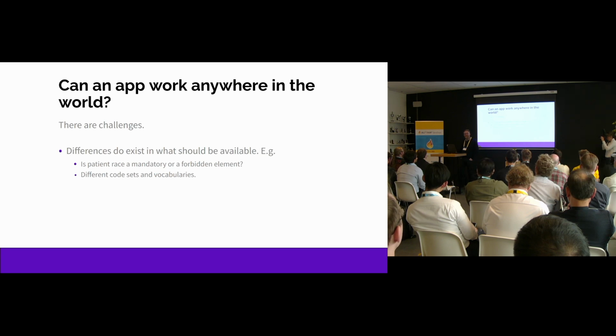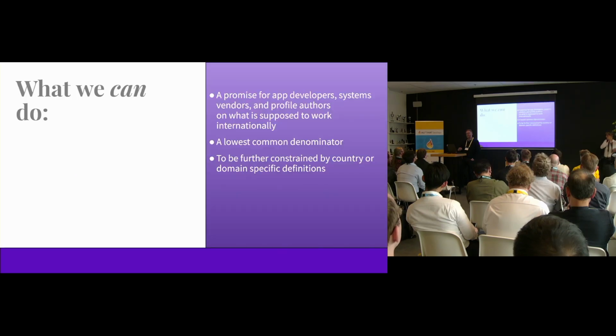In other places, for really good reason, it's disallowed to exchange race data on a patient. But what we can do is create a promise to app developers, vendors, and spec authors on what is supposed to work internationally: this lowest common denominator, this baseline of interoperability for patient apps and for apps in general.